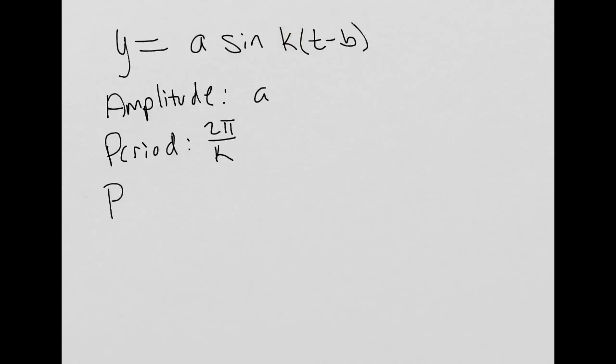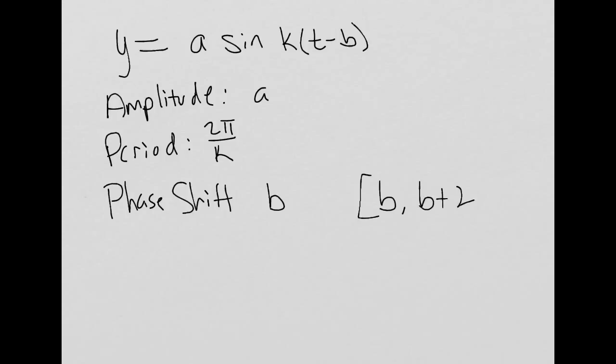And we've got a phase shift of b. And if you've got this phase shift, b to b plus 2 pi is going to be what one period of your graph is going to look like. One period of the graph is going to exist on this interval, and so that's where you're going to want to get the sketch.